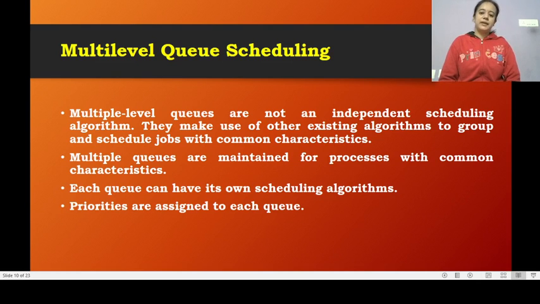Multiple queues are maintained for processes with common characteristics. Each queue can have its own scheduling algorithm: it may have first come first serve, shortest job first, shortest remaining job first, or round robin. And priorities are assigned to each queue. It may be a lower priority or higher priority.